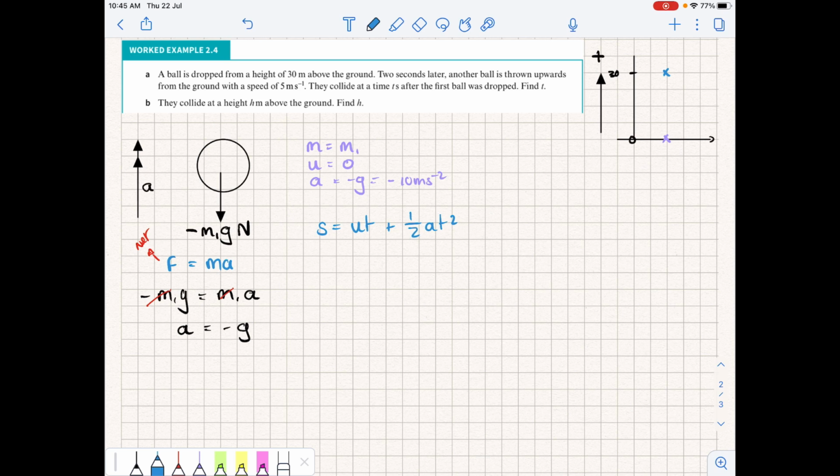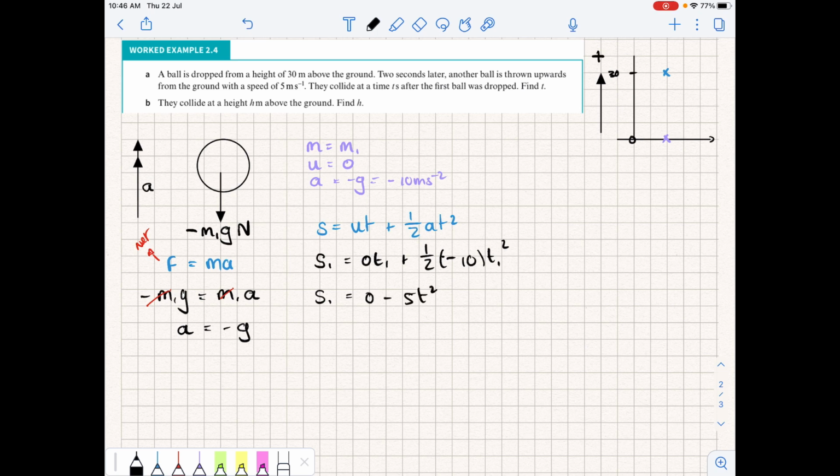So the displacement for my first function, I'm going to very appropriately call displacement 1, because this is for the first ball, is equal to u, which is 0, times the time, which will be time 1 because this is object 1, plus a half, acceleration is minus 10, times t1 squared. That finally gives me displacement equal to 0 plus 5, well, that's going to become a minus 5t squared.